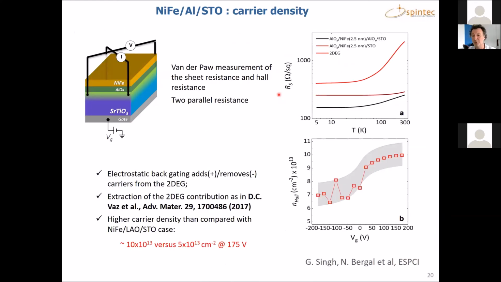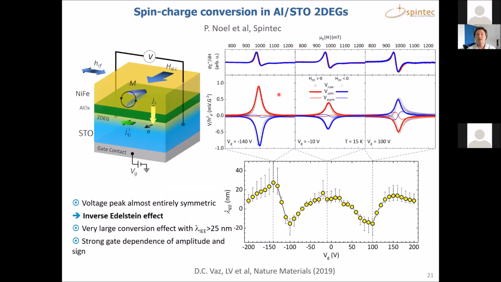So as a function of the gate voltage, we can modulate the carrier density, in that case, from 7 to 10 to the 13 per square centimeter. And as in STO-LAO, we do observe that the conversion can be changed by the gate voltage, changing its amplitude, but also its sign.